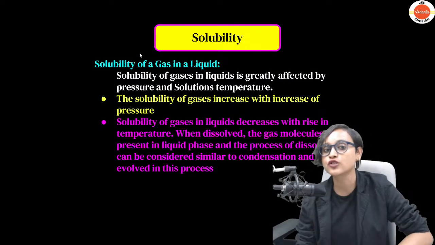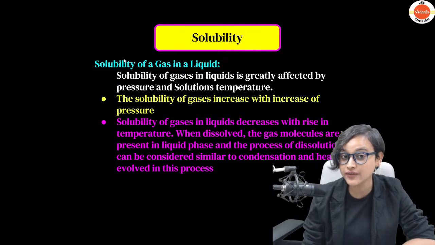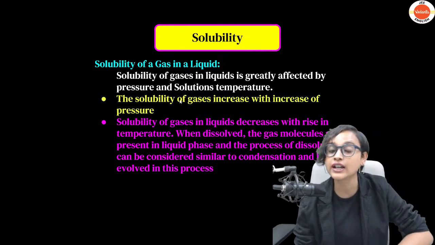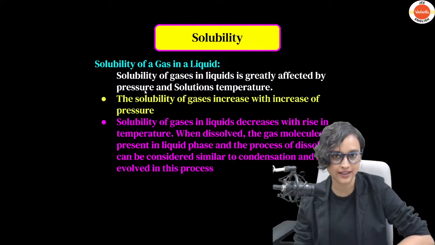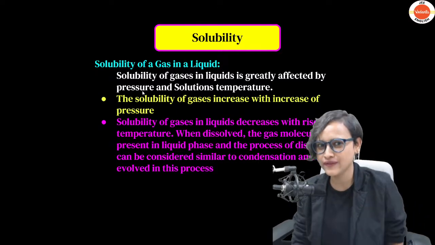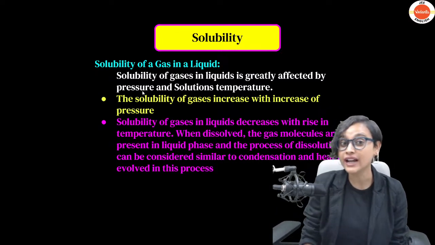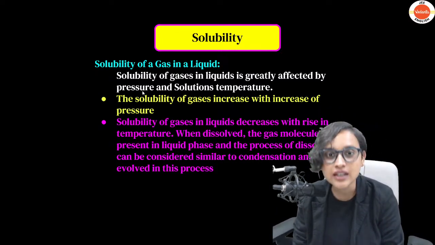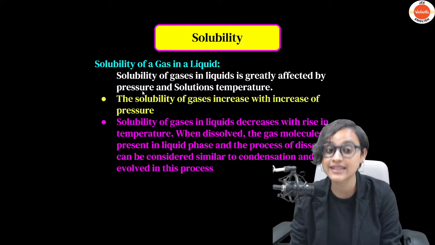But now we come to solubility of a gas in a liquid. When we're talking about gas in a liquid, obviously, pressure will change, right? Because we know that gas is highly squashable. You can compress gas to a very high extent.